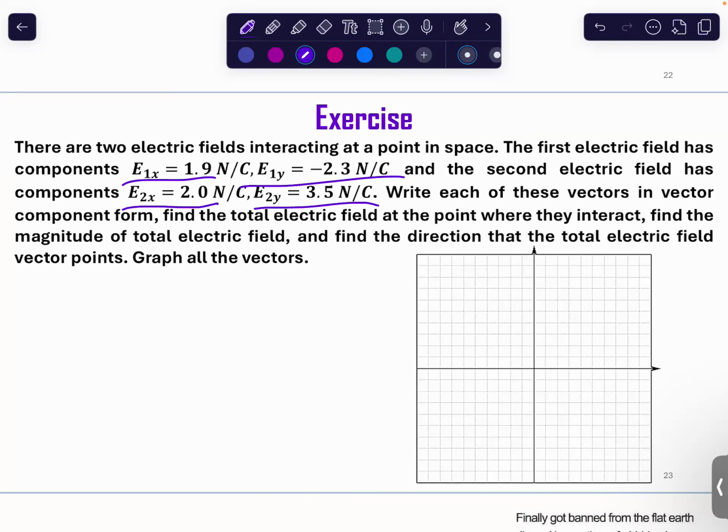Find the total electric field at the point where they interact. Then we'll just call that point the origin. Find the magnitude of the total electric field and find the direction of the total electric field, in where it points. I didn't write that very well. Graph all the vectors.